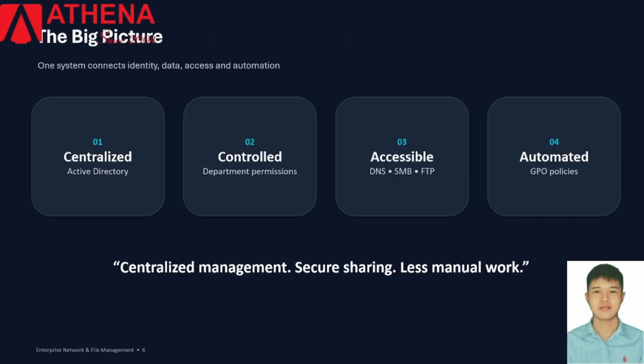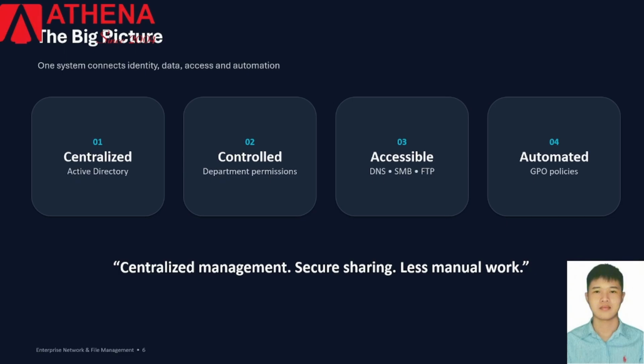And in slide 6, if we put everything together, our system has 4 key ideas. First, centralized: Active Directory manages users and computers. Second is control: permissions protect department data.